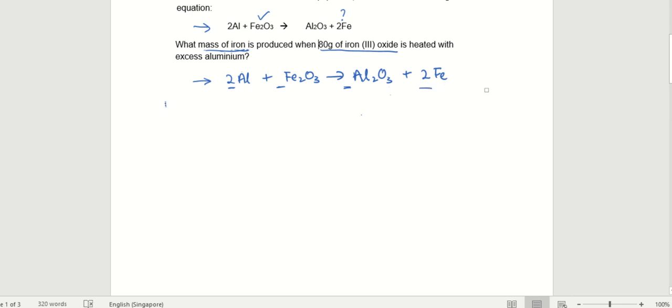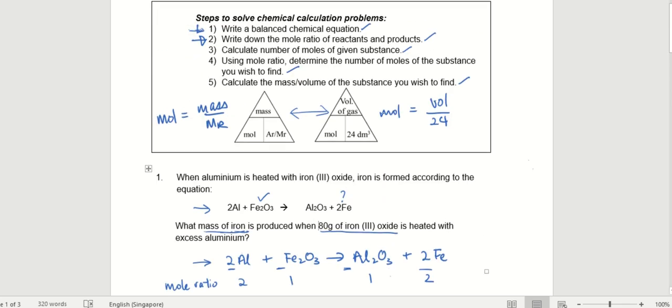So we write down here mole ratio: 2, 1, 1, 2. We remember that if there's no number in front of that substance, it means there is 1 mole. So we have then step 1 and step 2.